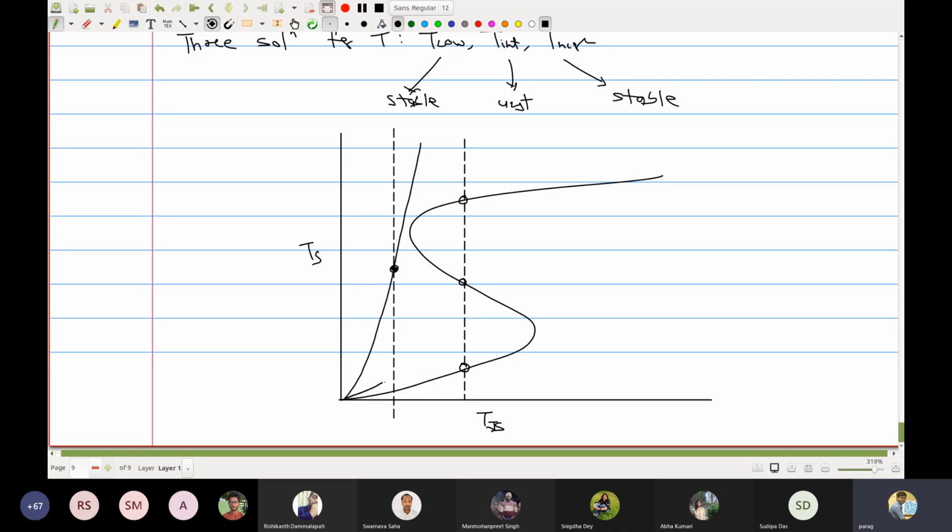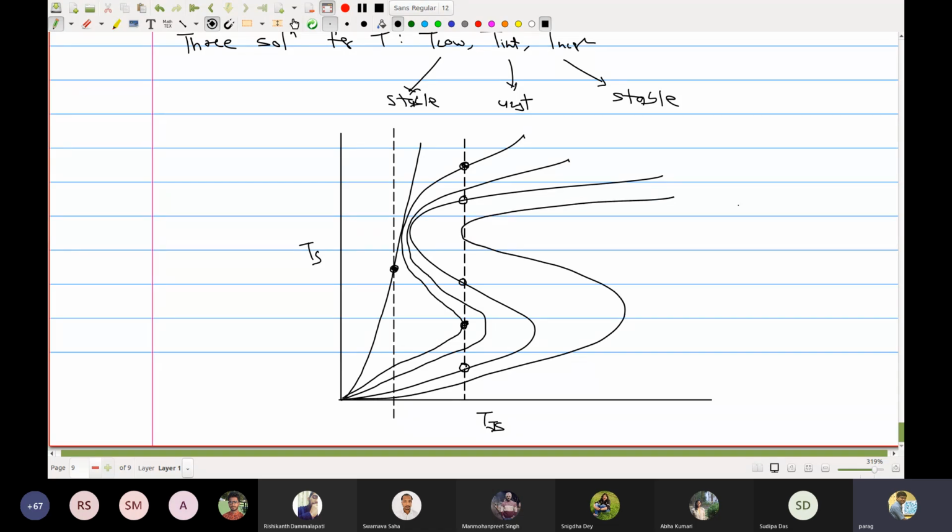So there would come an intermediate situation where you will have exactly 2 solutions. That situation can be depicted something like this: one solution, and a second solution. As you go on, you will have more and more such conditions.